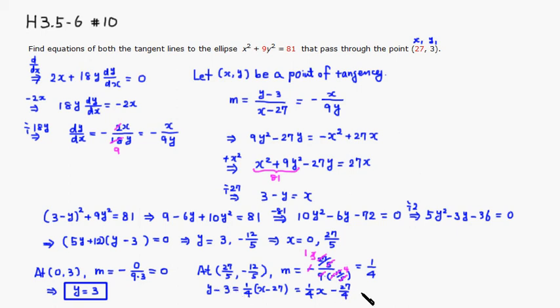Then we can just add 3 to both sides. We'll get y is equal to 1/4 x, then we're going to add 3. 3 is 9/4, so it's going to be negative 18/4, which is going to be 9/2.